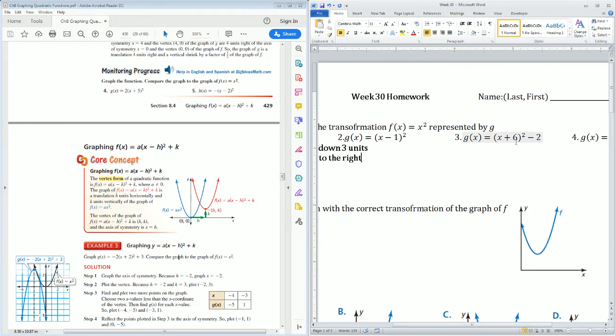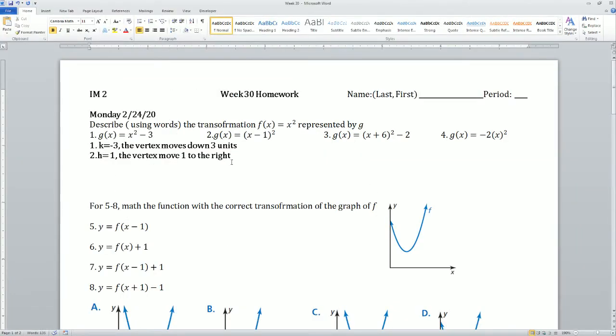Next one, plus 6 minus 2. So we can write 3 right here. I know that the k is going to be equal to minus 2, and the h is going to be minus 6 because when we write the h, it has to be the opposite.